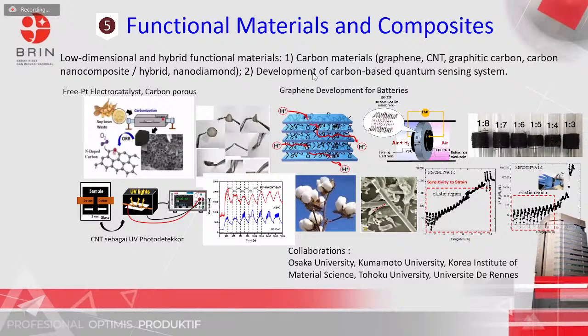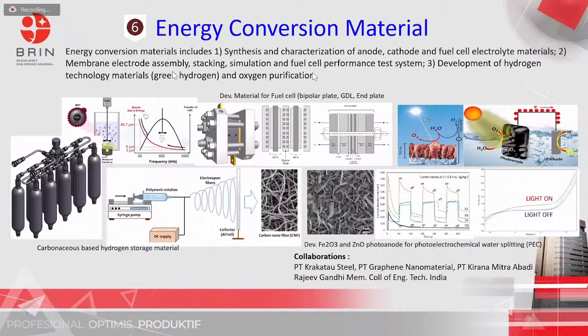And also there is several research in functional material and composite. Mostly this research has been done by researchers in advanced material, and also the material for energy, about the battery, also the fuel cell and hydrogen research.